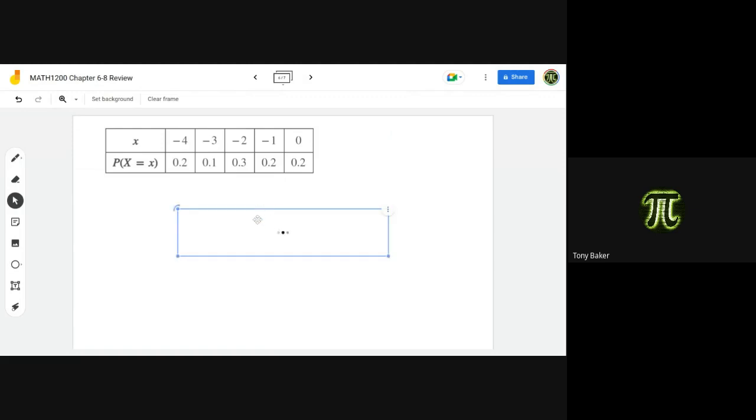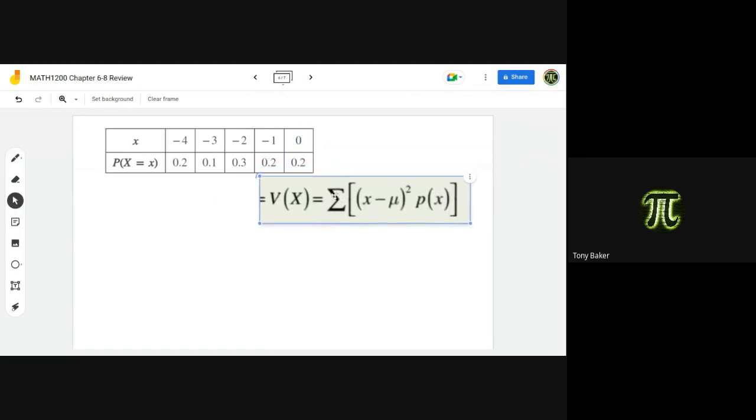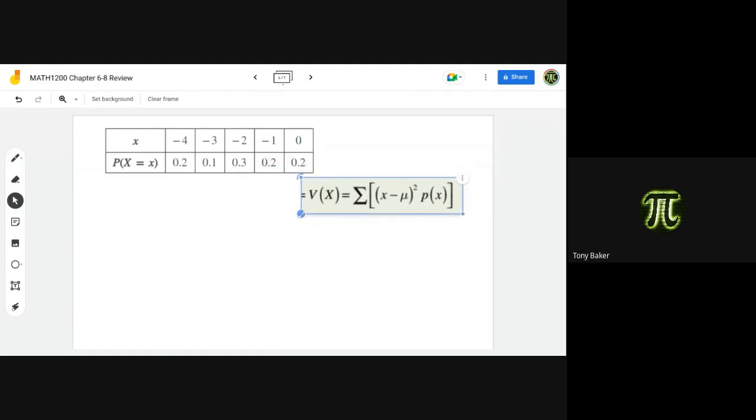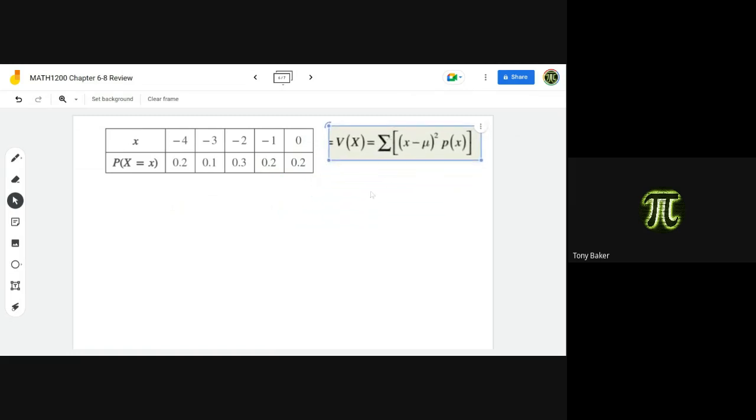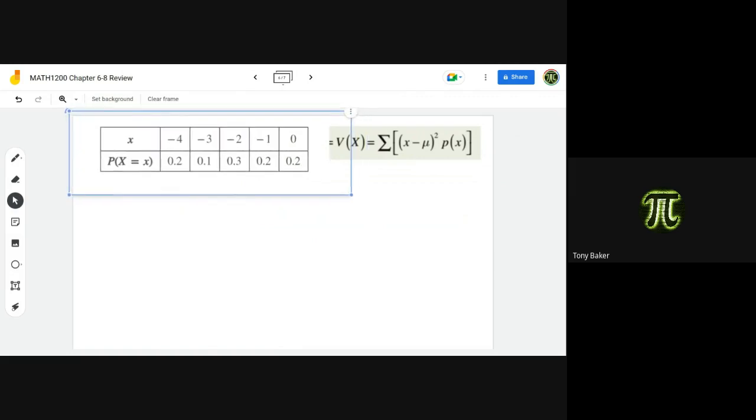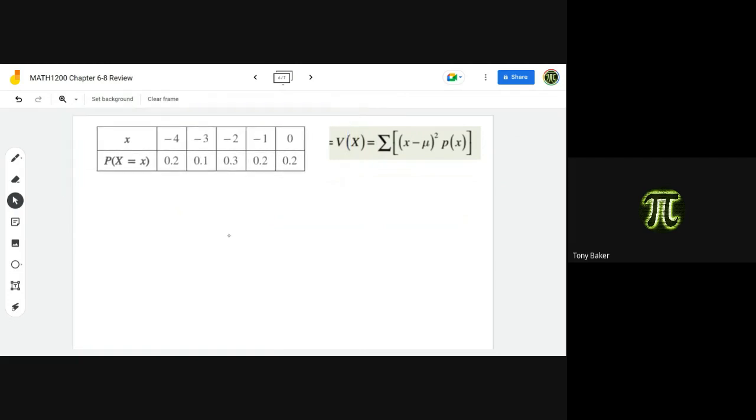All right. Next thing I asked you is your variance. This is why I said this problem is long. To find your variance, you have to subtract each of the x values from the mean, square it, and then multiply it by its probability.